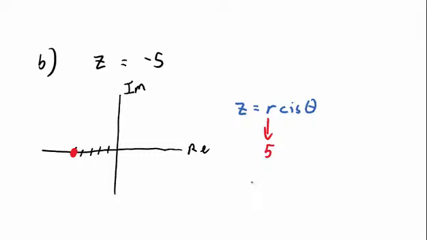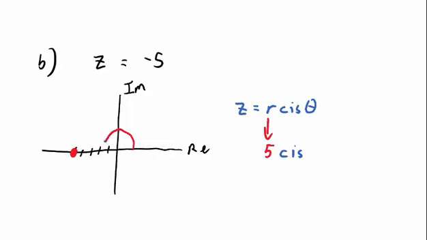And by the way, if you use square root of a squared plus b squared with b equal to 0, it still works. It's the square root of negative 5 squared, which is 5. But there's no reason to do that since you know the absolute value of a real number. And then what's the angle? Can you tell just by looking?